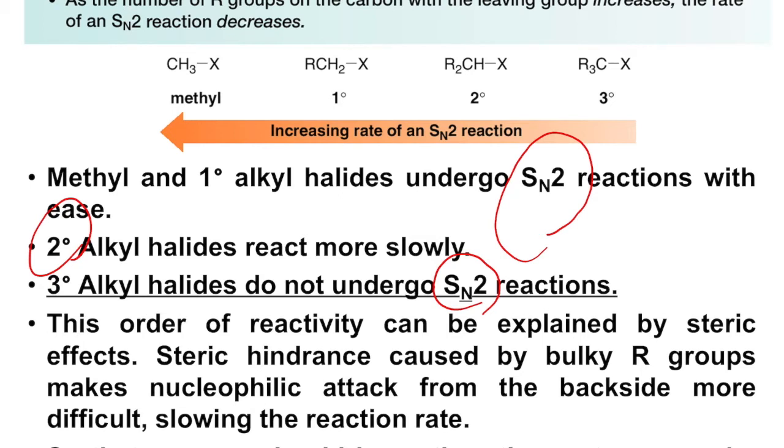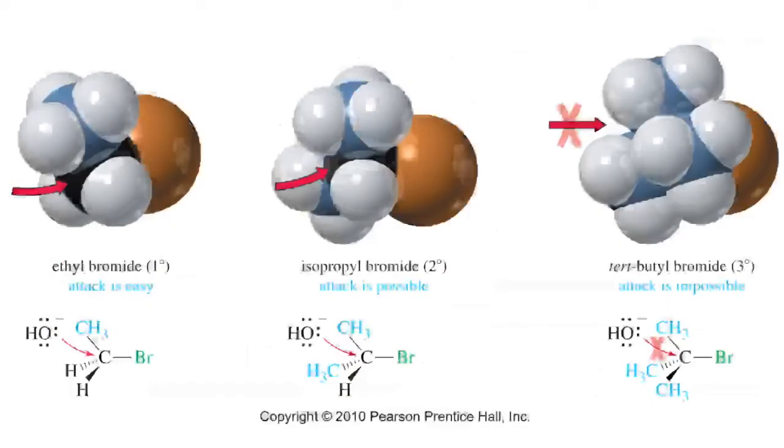In SN1, substitution nucleophilic first order, firstly one molecule participates. Then the good leaving group leaves the structure and forms a cation. After that, the base or the nucleophile attacks.